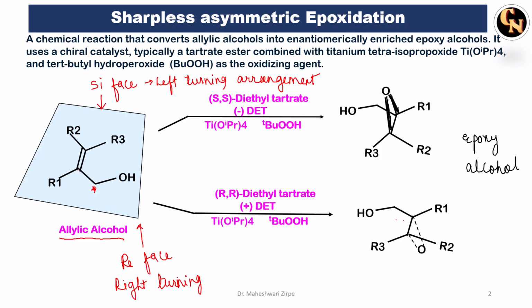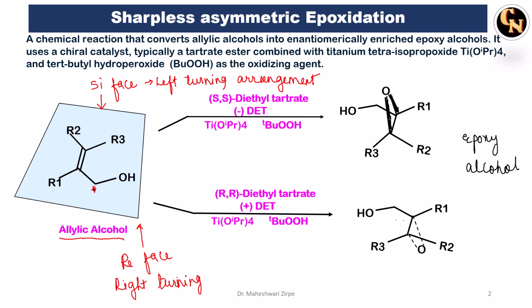You can find here there is an epoxide ring and on the allylic carbon there is an OH group. Similarly here, the epoxide and the OH. So here you will find this carbon which was the allylic carbon has the OH group. So there is no other difference between the starting material and the product. The only thing is the pi bond has been converted into an epoxide ring.